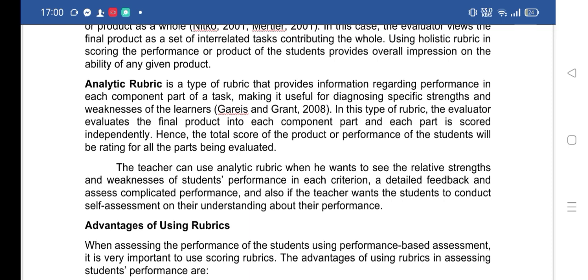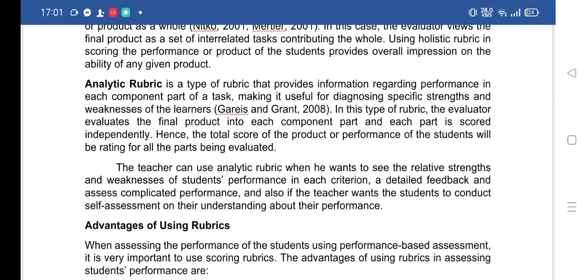While the analytic rubric is a type of rubric that provides information regarding performance in each component part of a task, making it useful for diagnosing specific strengths and weaknesses of the learner. In this type of rubric, the evaluator evaluates the final product by each component part, and each part is scored independently.